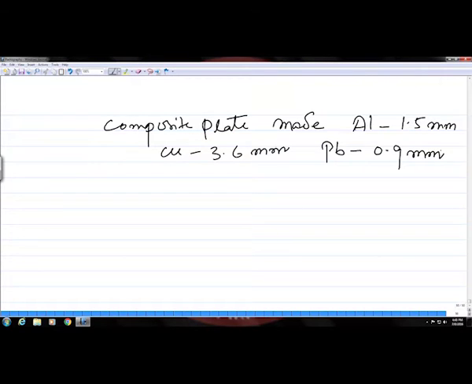So, let us say you have a composite plate like this, which has these 3 layers made of 3 different materials having this kind of thicknesses.